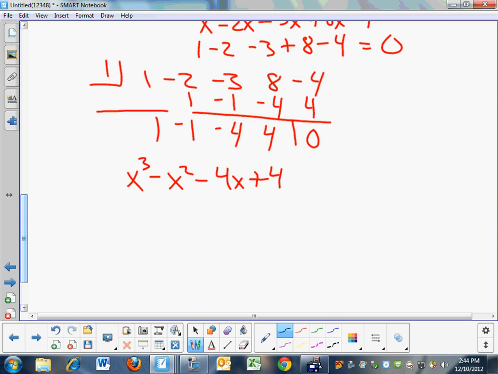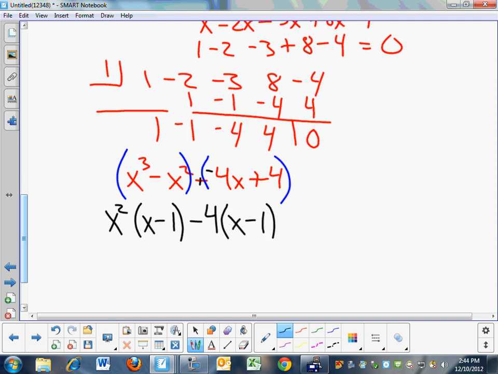They do factor. So I'm going to change this to plus, negative. So I can put my parentheses down. This does factor. What can you take out of the first part? X squared times x minus 1. What can you take out of the second part? Negative 4. You get x minus 1.